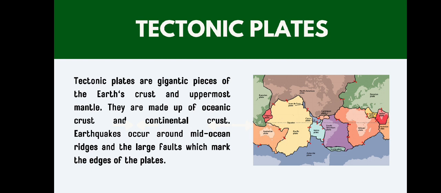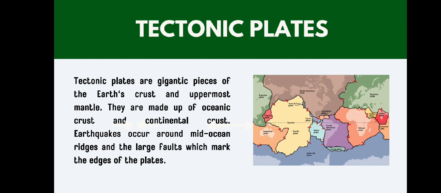Tectonic plates. Tectonic plates are gigantic pieces of the Earth's crust and uppermost mantle. They are made up of oceanic crust and continental crust. Earthquakes occur around mid-ocean ridges and the large faults which mark the edges of the plates. So, plates are constantly in motion.